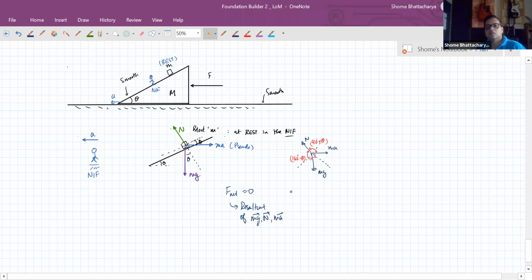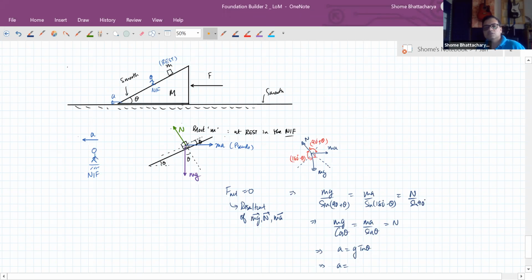That will give you mg divided by sine of this angle is equal to pseudo force divided by sine of this angle is equal to normal reaction divided by sine 90. So mg upon cos theta is equal to ma upon sine theta is equal to N. So you can see that we will get a is equal to g tan theta. That is the result that we were looking for in the first place.